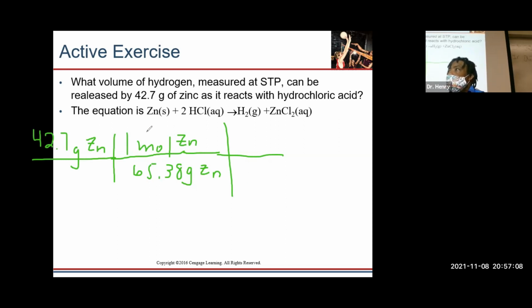So what is the mole-to-mole ratio of zinc to hydrogen gas? So it's 1 to 1. So 1 mole of zinc to 1 mole of H2. Okay, so then that's going to give me my number of moles of hydrogen gas, and that's what I want.